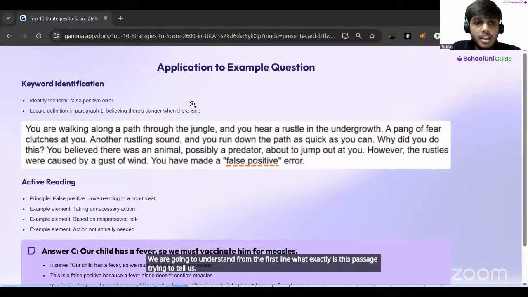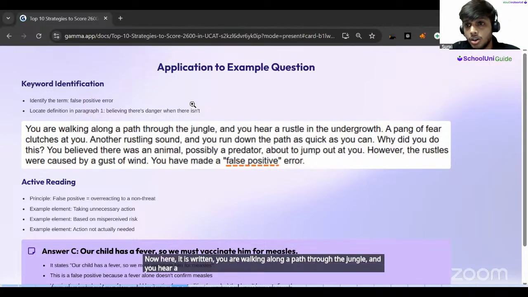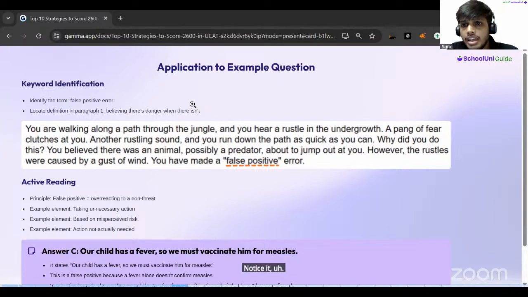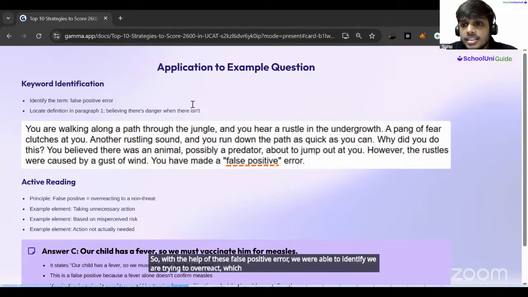Here it is written, you are walking along a path through the jungle and you hear a rustle in the undergrowth. This sound of rustling created a false fear that made you feel like an animal or a predator is going to jump out at you. So with the help of this false positive error, we were able to identify that we are overreacting to something which is not even a threat for us.